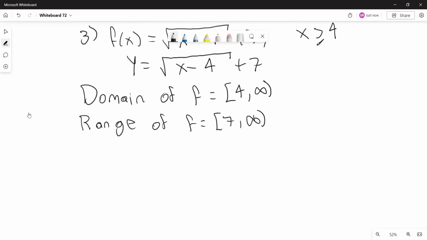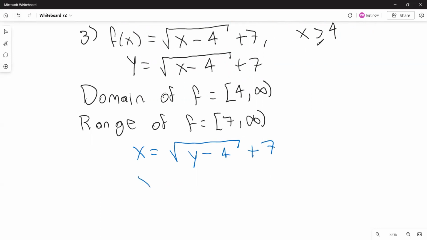So let's find the inverse, interchange x and y, and solve for y. Subtract 7 from both sides. The square root of y minus 4 is x minus 7, then x minus 7 squared is y minus 4.